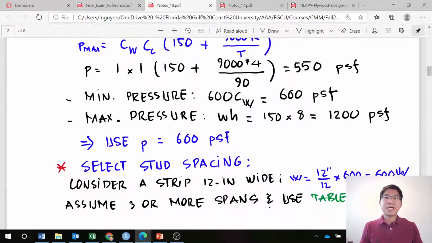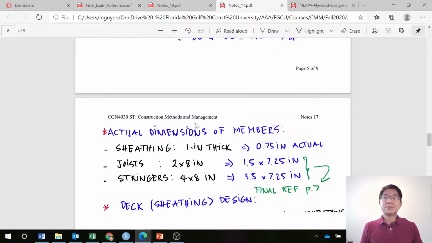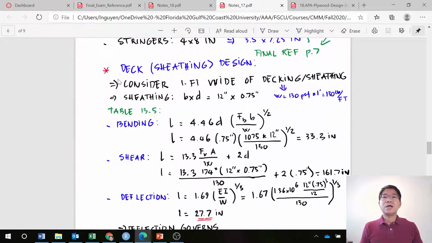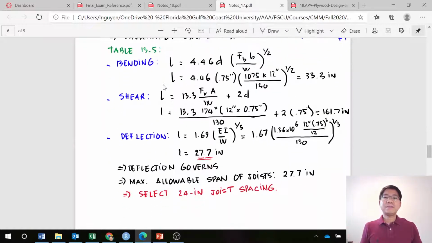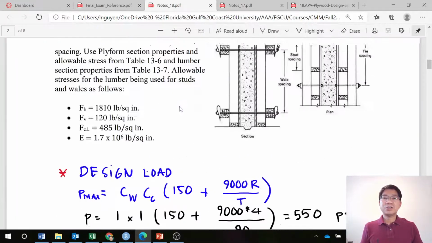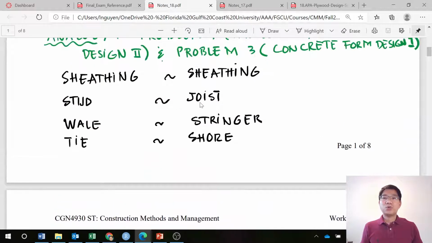Then the next step, as in the previous problem 3, is to determine the deck design, which means selecting the joist spacing at the end, as you can see here. Now by analogy, the choice is the same: studs are analogous to stringers, and wales are analogous to joists.